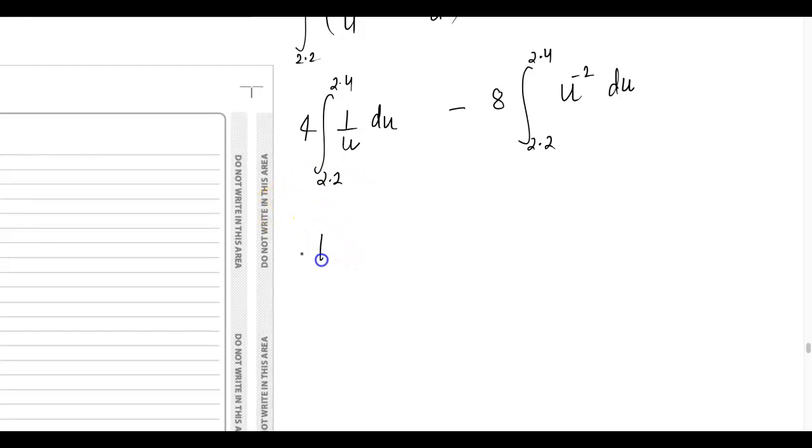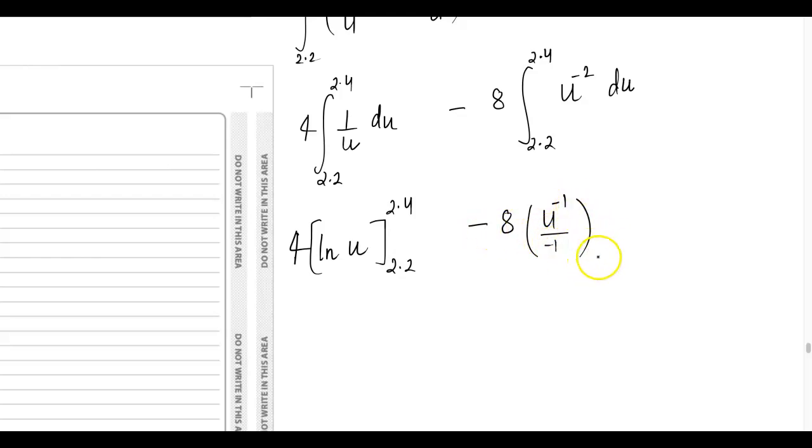The first part will be 4 ln u with the limits 2.2 and 2.4, minus 8 times u to the power minus 1 over minus 1, correct? With the limits 2.2 to 2.4.